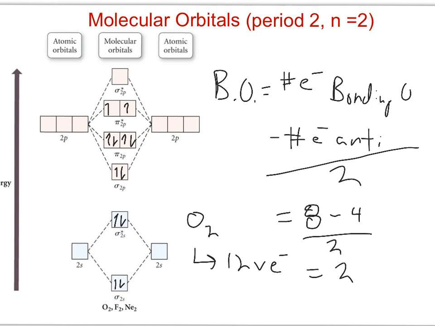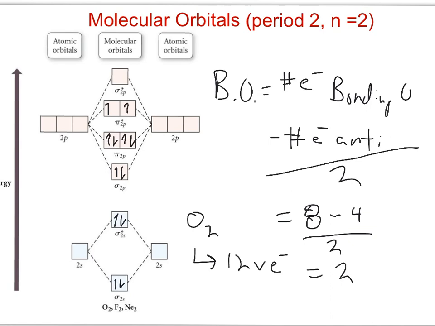So if you draw the Lewis structure of oxygen, you see that it's a double bond. So it's a strong bond, not as strong as molecular nitrogen, which is a triple bond, but a bond order of 2 is still a strong bond.